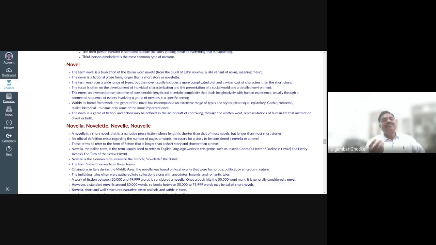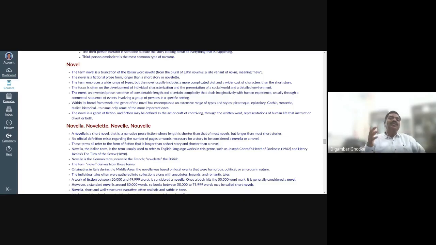The novel is a fictional prose form which is longer than a short story, which is also again called novelette. A short story is called a novelette, and the term novel embraces a wide range of types.